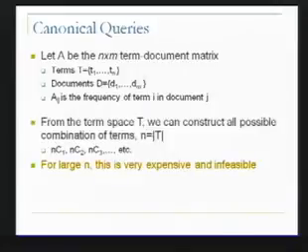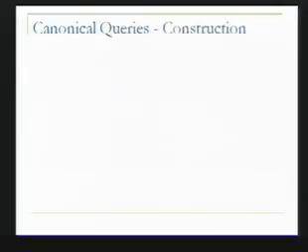Once we have the list of terms, we can create the power set of this term set to create all the possible queries. That's an obvious way, but it is not going to work because for large N, it is impossible to create all possible queries.